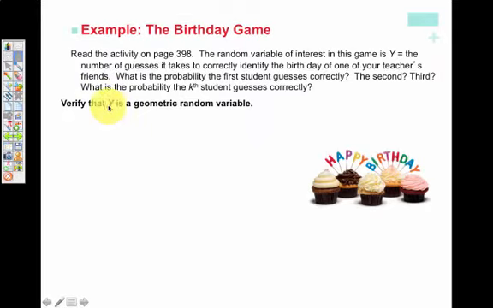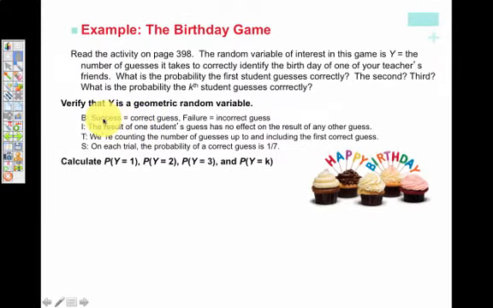So we're going to verify first that y, the number of guesses, is a geometric random variable. So we look at bits. It is binary. A success would be a correct guess. A failure would be an incorrect one. The trials are independent. Each child guessing is independent of the next.